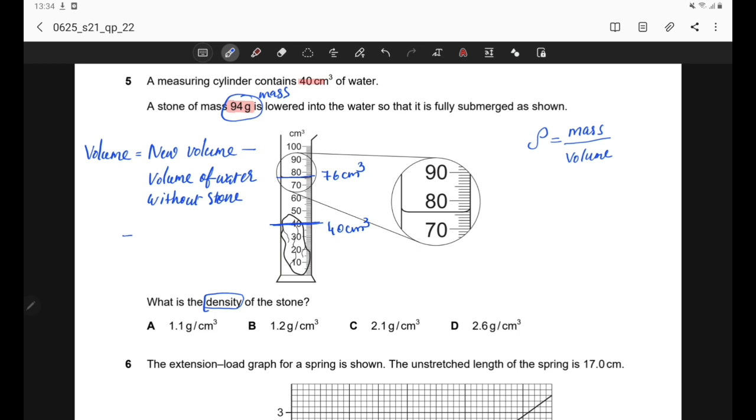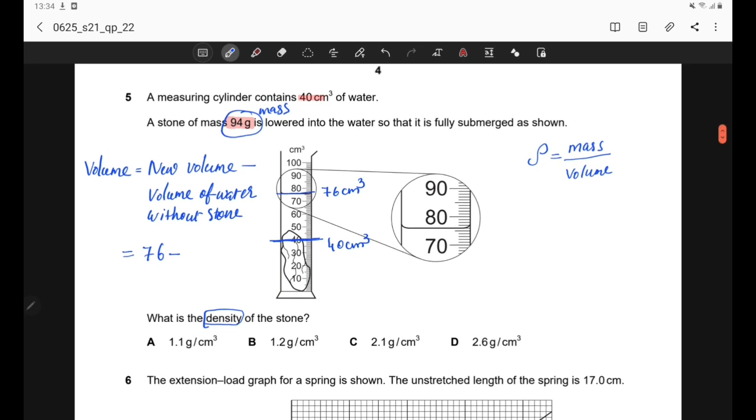And we already have the values. The new volume is the new water level that we can identify from the figure, and that is 76 centimeter cube, minus the volume of the water, or the initial level of the water before putting this stone, that is 40, which is already mentioned in the question, and we will get 36 centimeter cube.